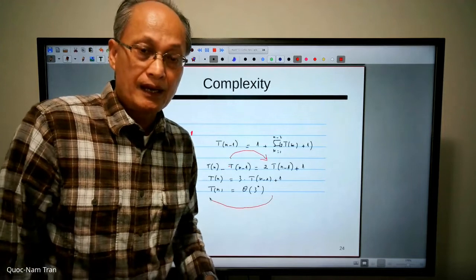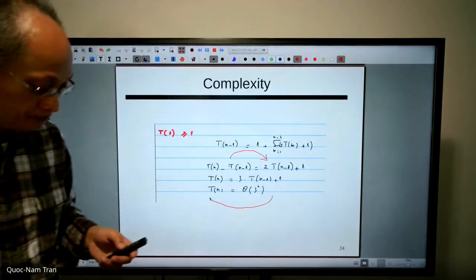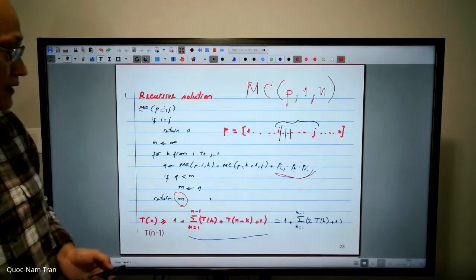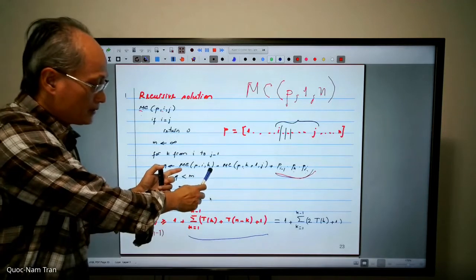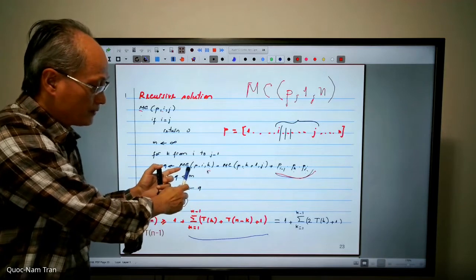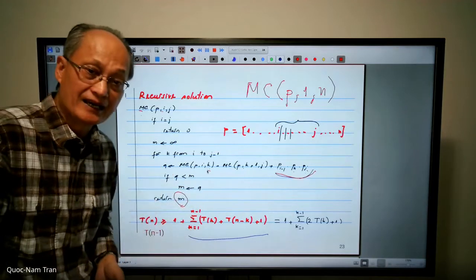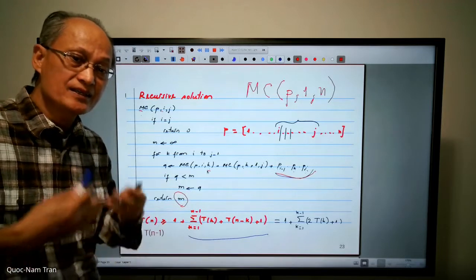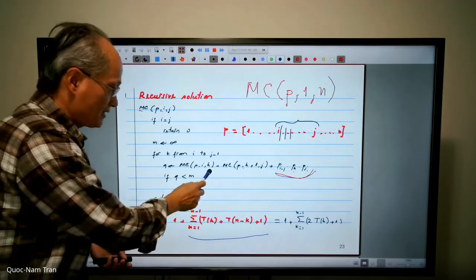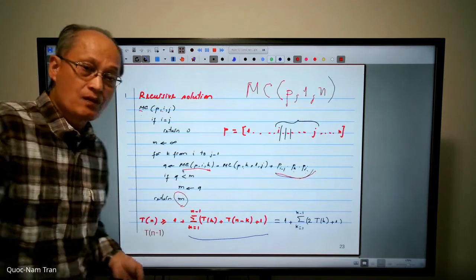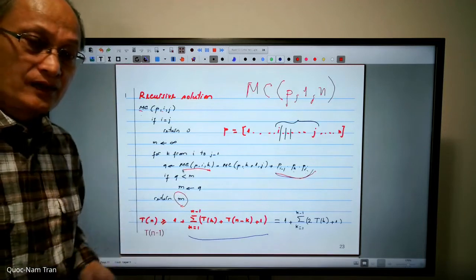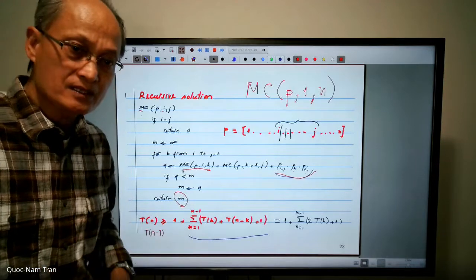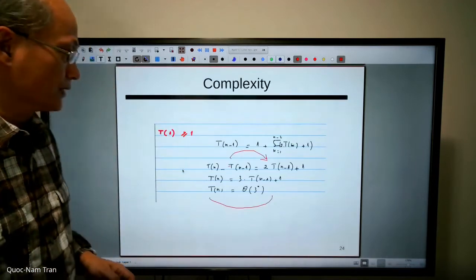Okay. Now, how can we solve the problem? Remember that the problem with this is that when we invoke the function MC again, some of the calculation will be repeated unnecessarily, okay, again and again. So that is why the algorithm is so slow. Okay, so how can we solve this problem?